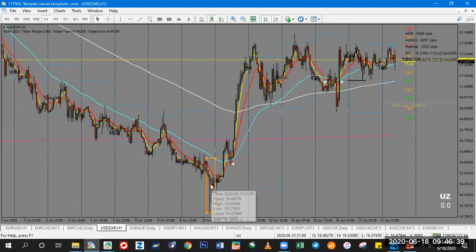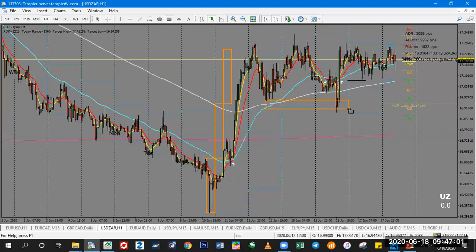So I hold the control button and I form a duplicate of this with the mouse. So that's the second ADR, and that's the third ADR. So clearly this was a peak formation high, but also we were anticipating a peak reset here.